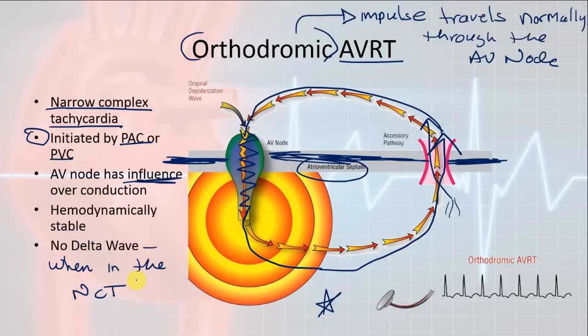When it is beating like this, you will not have a delta wave because you only have one signal causing the reentry circuit. So you will have, once again, a narrow complex tachycardia, and adenosine would convert this too, because adenosine works on the AV node blocking the signal, and it would block that reentry and convert the rhythm. Orthodromic AVRTs.